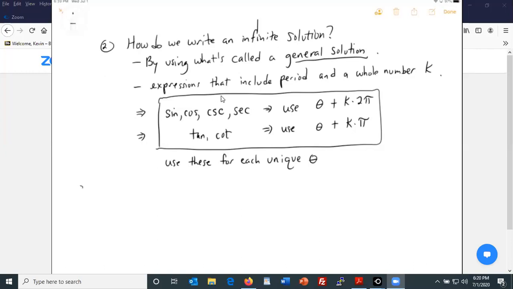All right, so let's do an example. How would this actually look with numbers?